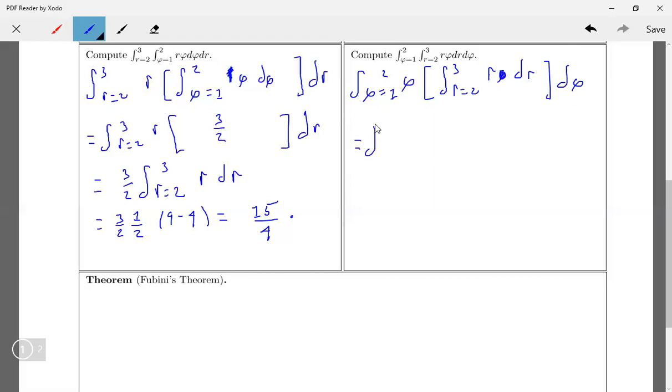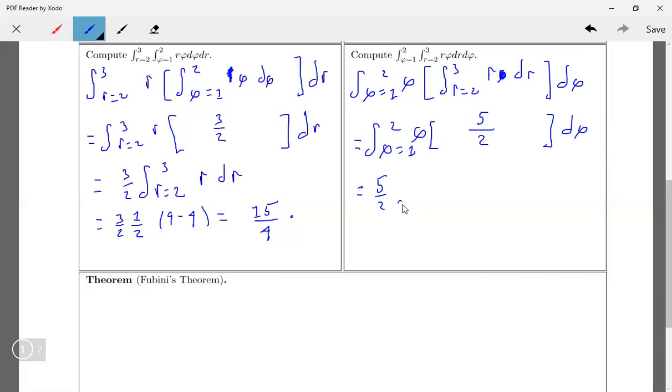So now this is the integral, phi equals 1 to 2. The antiderivative of r is r squared over 2, and we're going from r equals 2 to r equals 3. So this is 9 minus 4 over 2. That's 5 halves. And then I need to remember to write the phi.